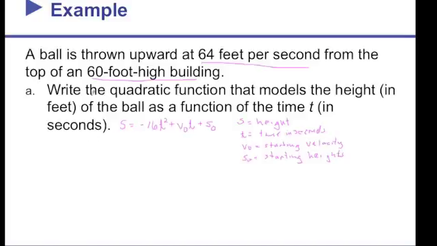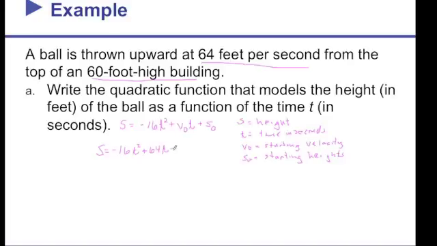Okay, so write the quadratic that models the height. So s equals negative 16 t squared, we don't know the time, plus the velocity. It's 64 feet per second. So that's my initial velocity. My starting velocity is 64 t.